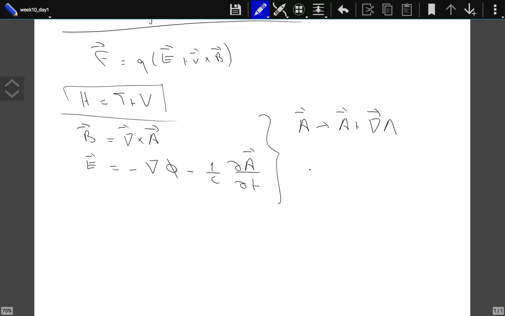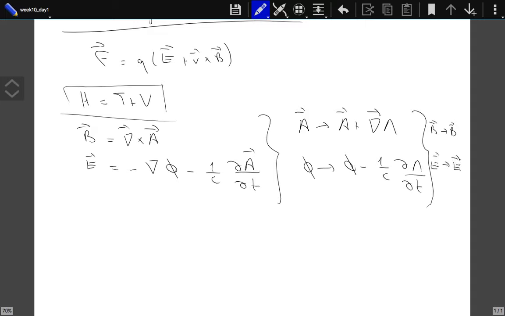At the same time, if phi goes to phi minus 1 over c d lambda by dt, and you do both of these at the same time, the electric field also doesn't change. So under these transformations, B stays as B, and E stays as E.